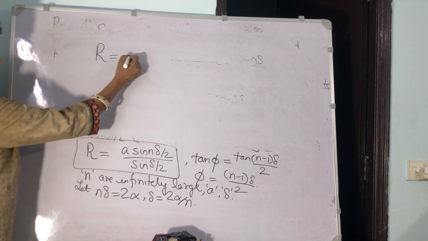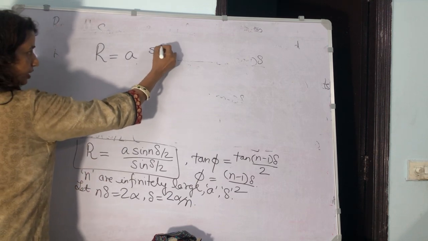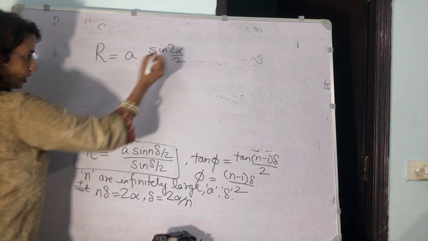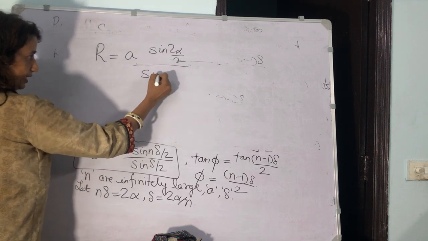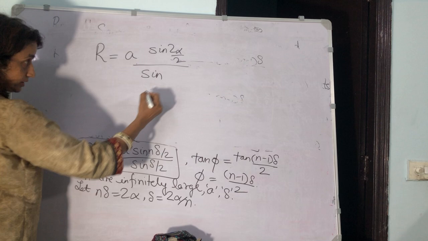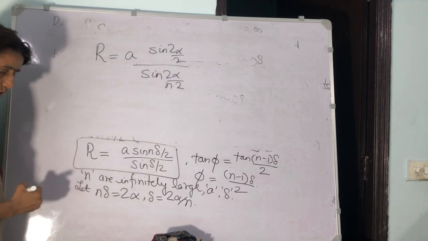We will get R is equal to a sin(2α/2) divided by sin((2α/n)/2).